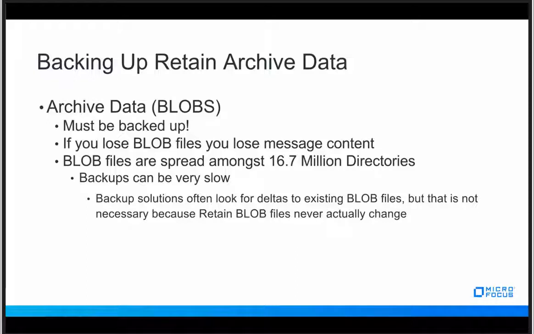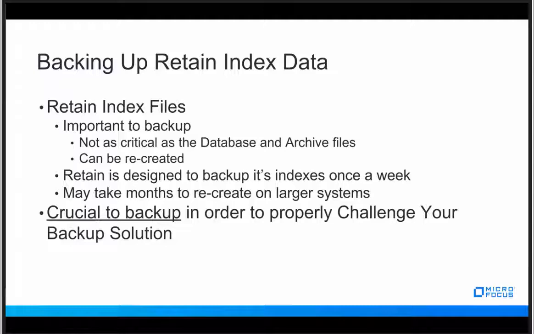And then the other thing that backup software doesn't know is that blob files don't ever change, and so it's needless for them to be looking through for deltas to blob files, but nonetheless they do. And so that's the problem in trying to back up the Retain archive. We'll talk in a moment about how Reload for Retain handles that. And then the Retain index files. Now, they are important to back up.